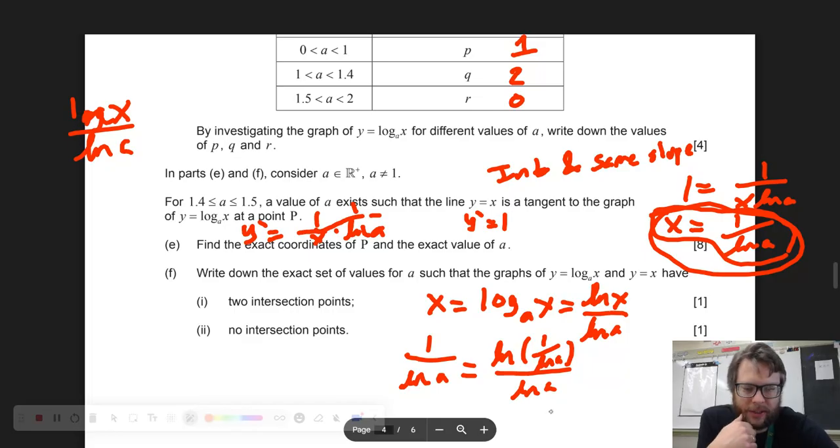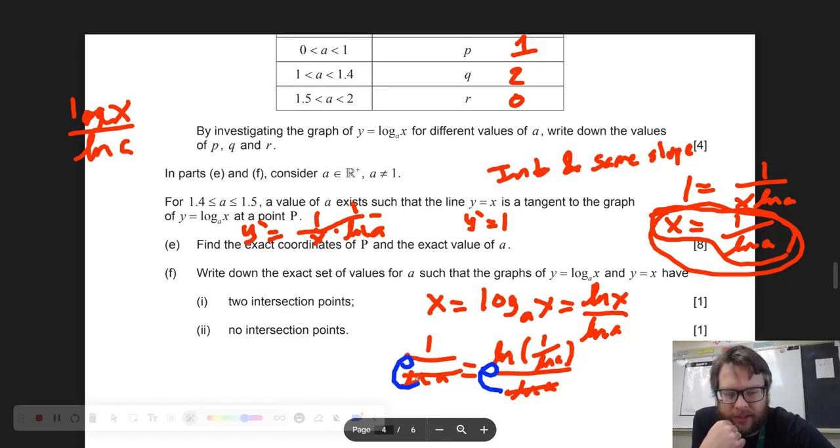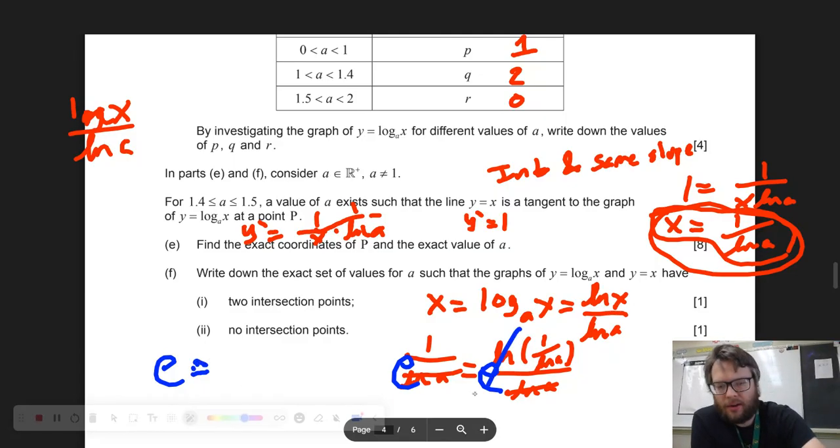There's a lot of natural logs going on. Multiply both sides by natural log of a, and you have this expression: 1 equals natural log of something. How do you get rid of a natural log? You do the anti-log. You do e to the left side and e to the right side. So now what we have is e equals, when I did e to the outer natural log, that canceled out, so I have 1 over ln a.